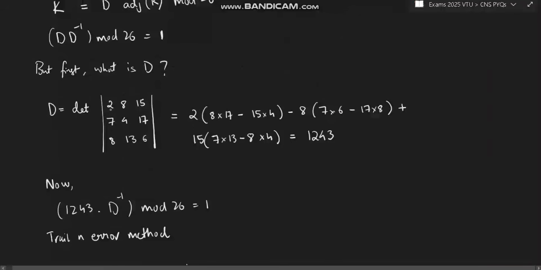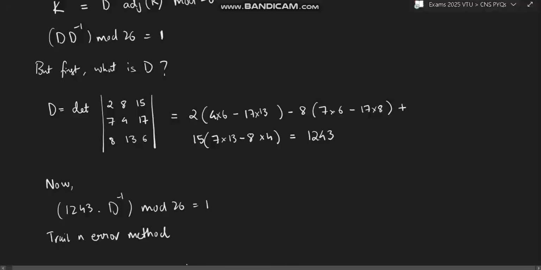See, to find the determinant you take 2 and ignore its column and row, and you multiply 4 into 6 minus 17 into 13.